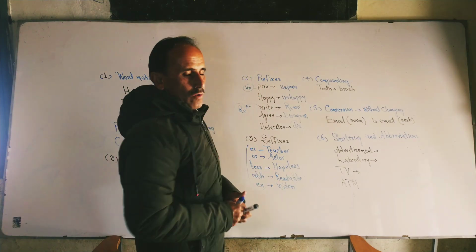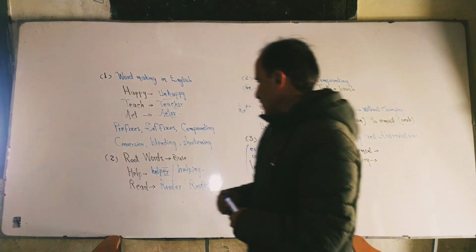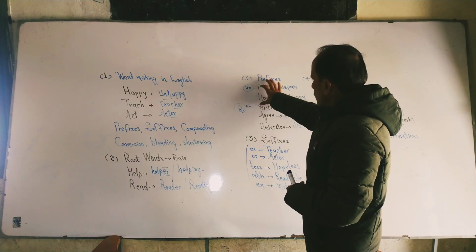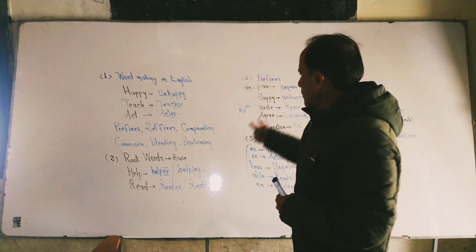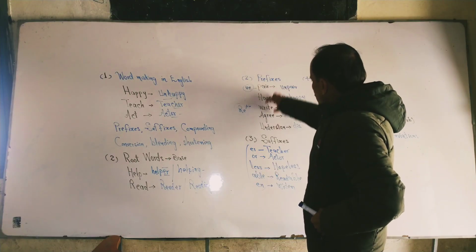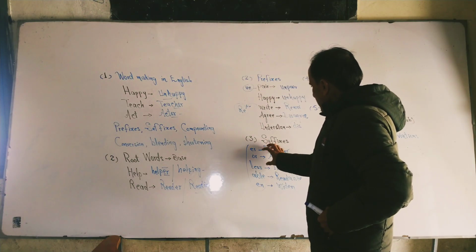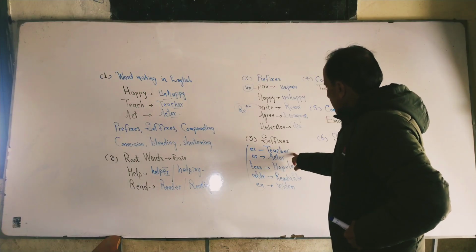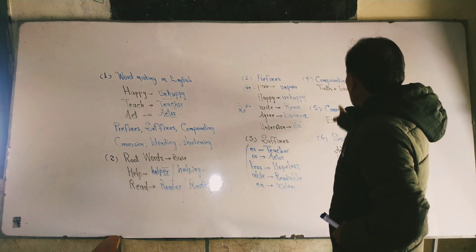You can make new words like this. With prefixes, we add letters at the beginning of a word that change its meaning. With suffixes, we add letters at the end of a word that change its meaning.